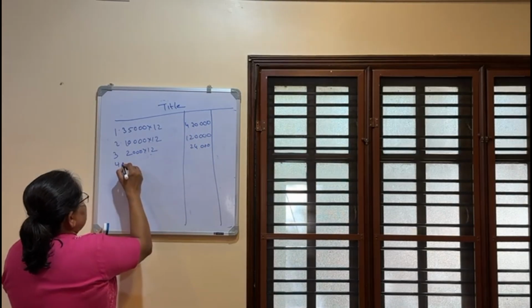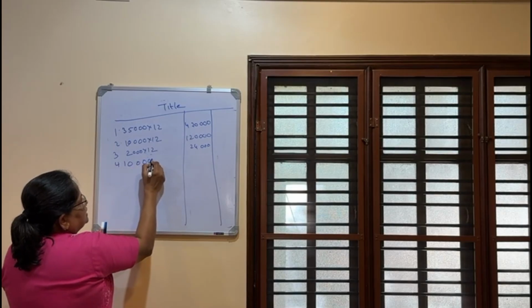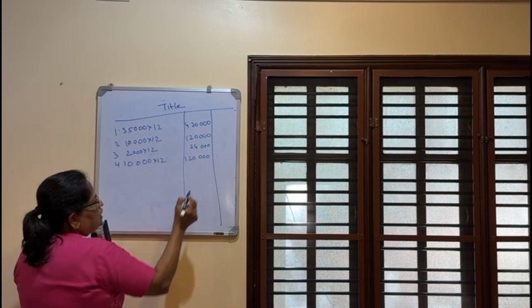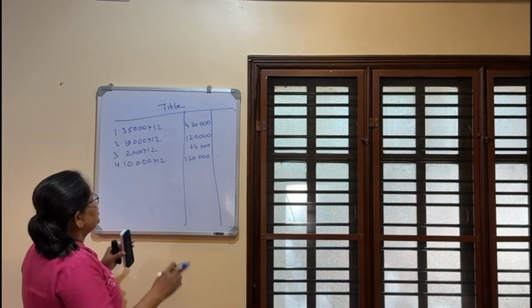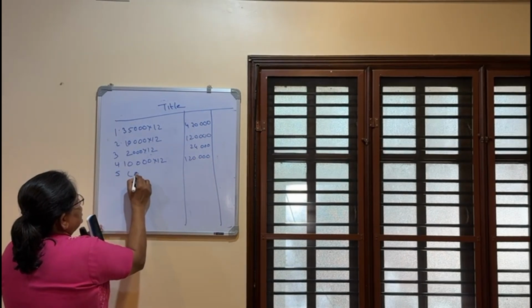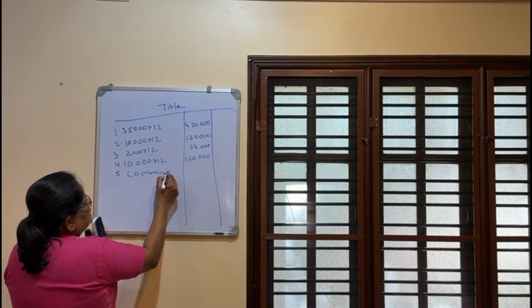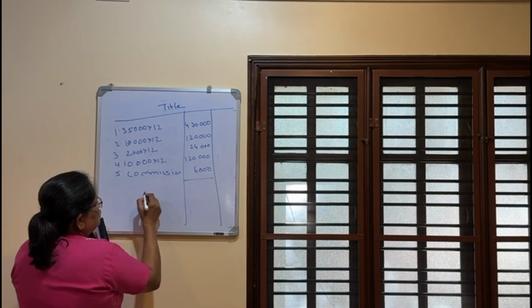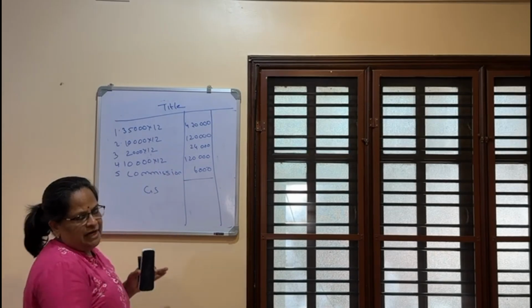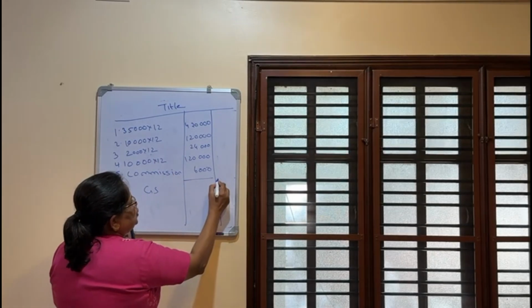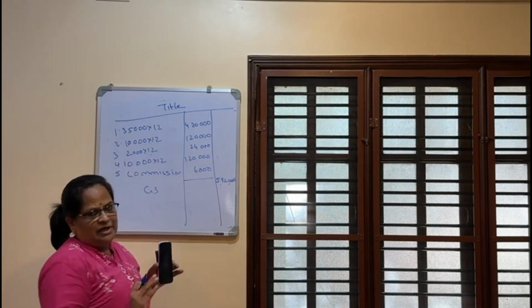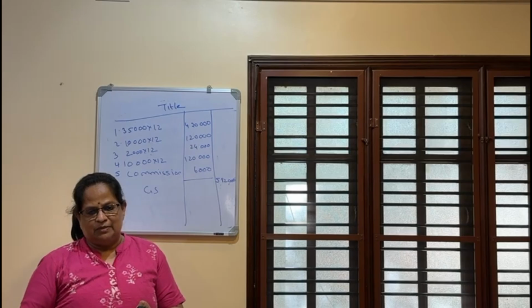HRA is 10,000 per month, fully taxable because he is living in his own house, 1,20,000. Then commission 6,000. So gross salary, adding all this, is 5,82,000. So here no need to calculate HRA because HRA is fully taxable.